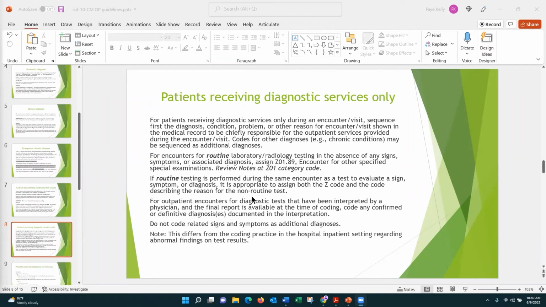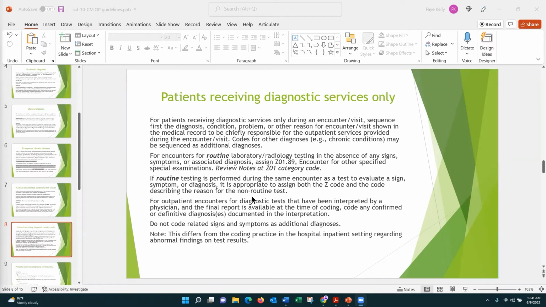So you've got the patient coming in for two different reasons, and one of those you do not know the diagnosis, so you're going to assign your Z code. And for the other one, you do have a diagnosis, you would assign your diagnosis.